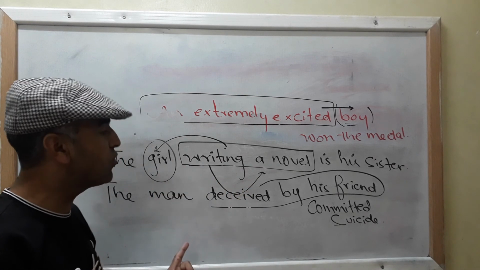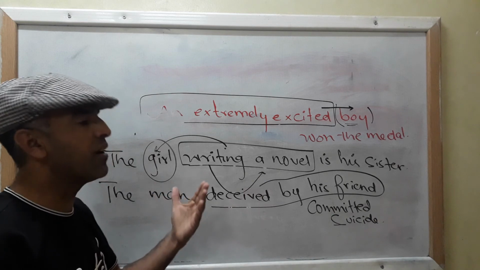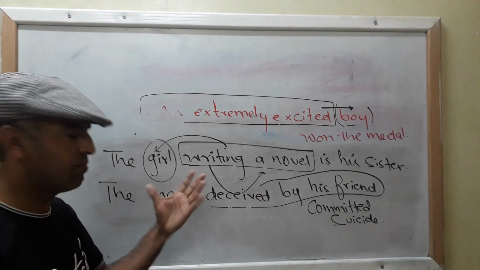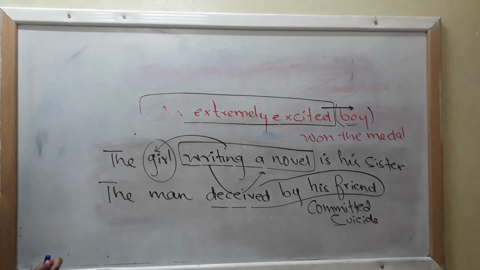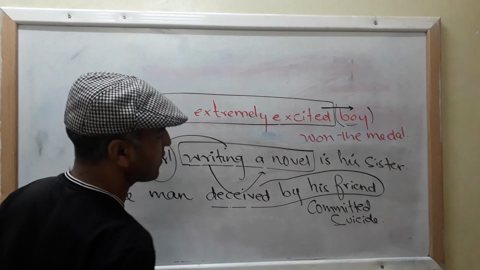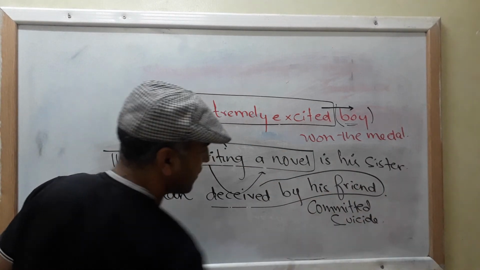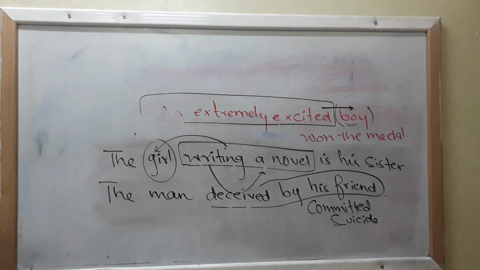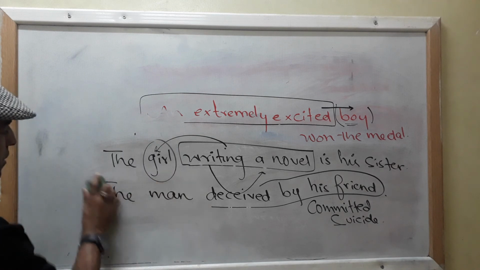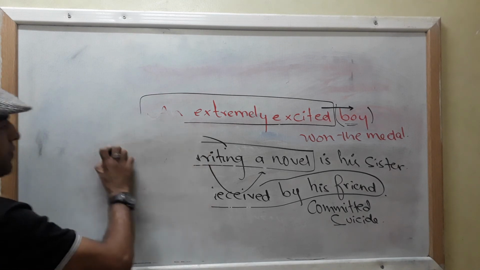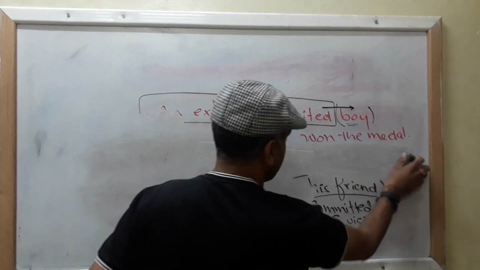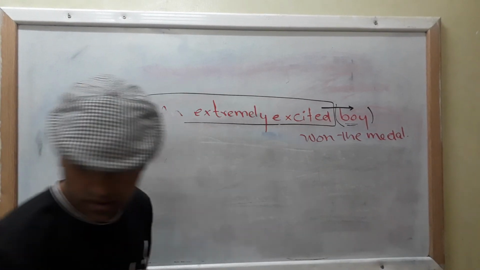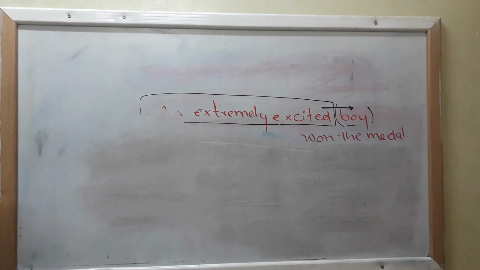Well, if I write who was deceived, then it becomes an adjective clause. That is another topic. So a man deceived by his friend committed suicide. So this is how your adjective phrase starts with a participle in a sentence. Let me proceed.